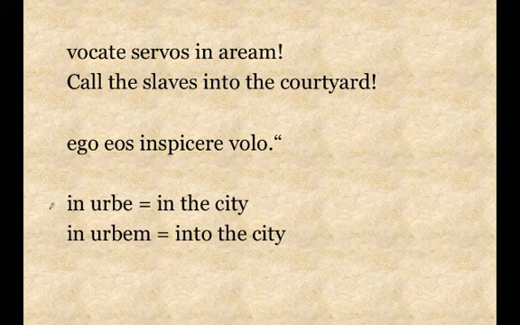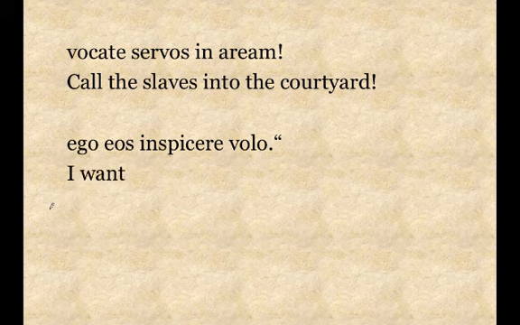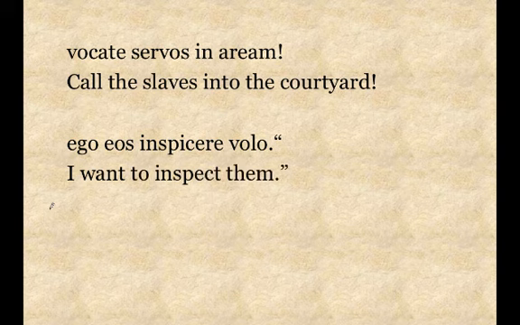I want, and remember, I want finishes its action with the infinitive. I want to inspect them. The word eos is the accusative plural equivalent of the word eum, which we've already learned means him. So eos is worth memorizing just as a vocabulary item that means them.